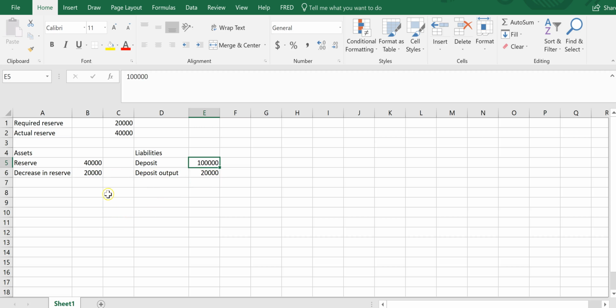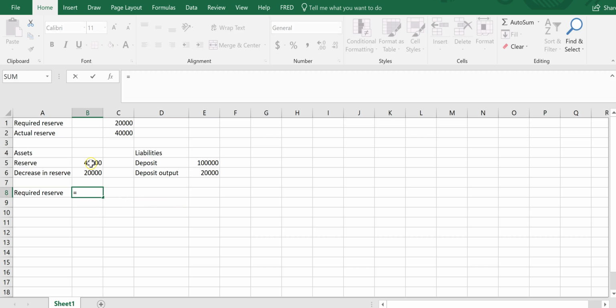So now let's set up the equation. The required reserves will be this initial reserves minus the decrease in reserves, right?